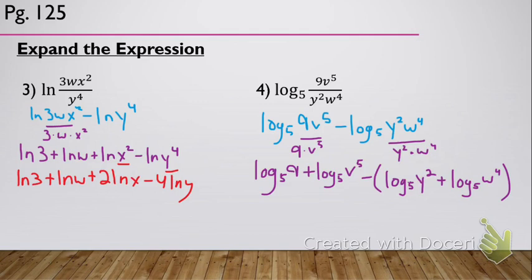We look for these exponents. There's one, there's one, there's another one, okay? So this first one stays the same. Pull the 5.